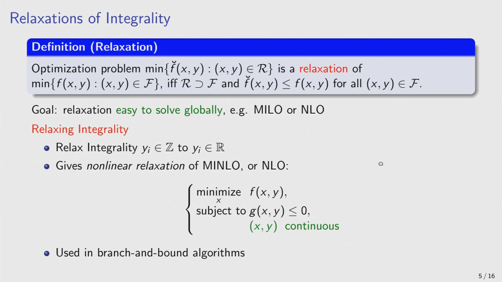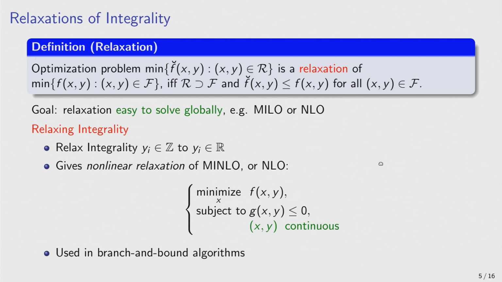It says we call an optimization problem where we minimize some other objective function f, with this little convex function over the top of it to indicate a convex underestimation, over some set R, a relaxation if and only if the set R contains the feasible set. So it's bigger. We made the feasible set larger, and we underestimate our objective function throughout the feasible set.